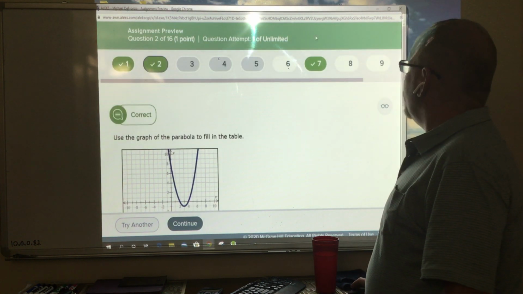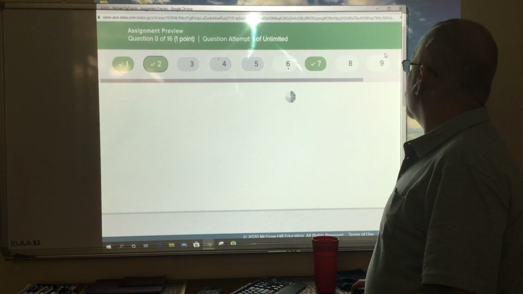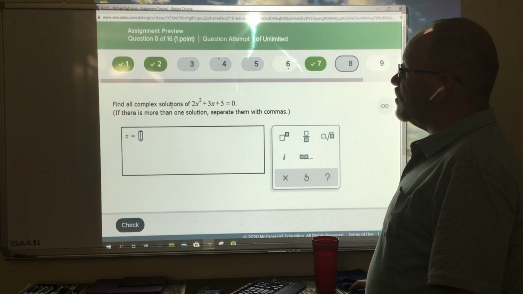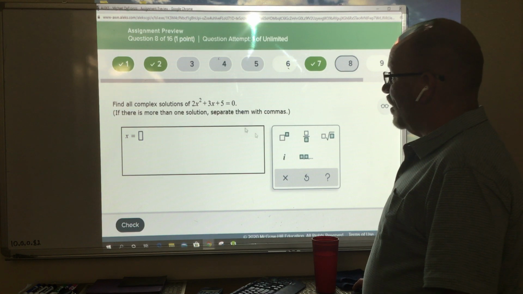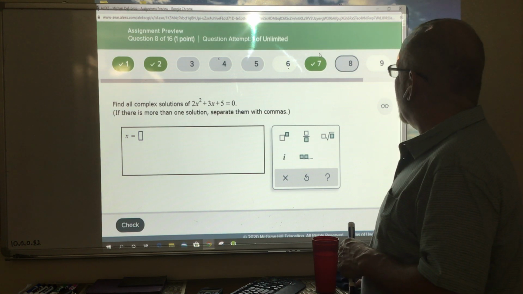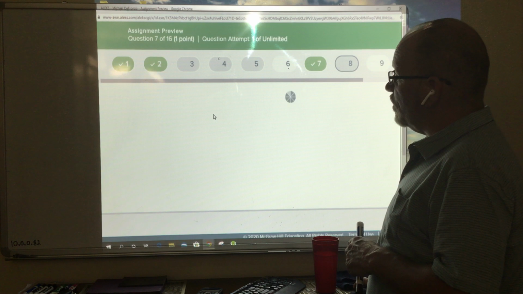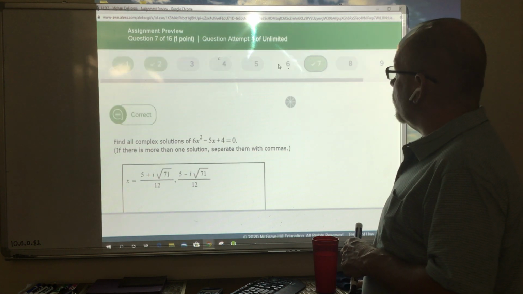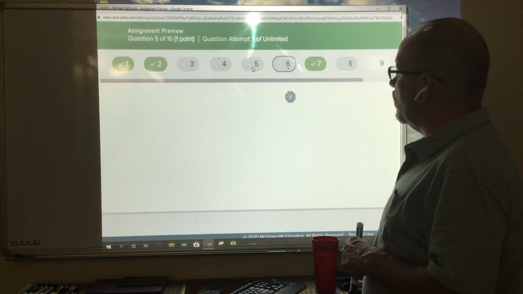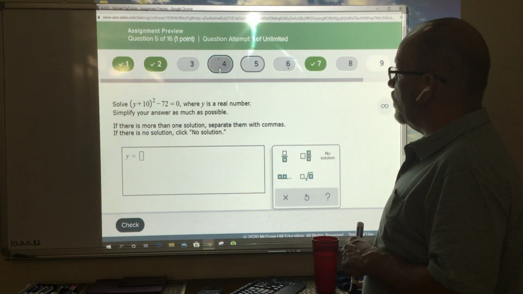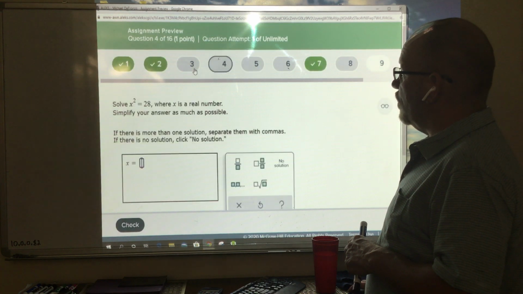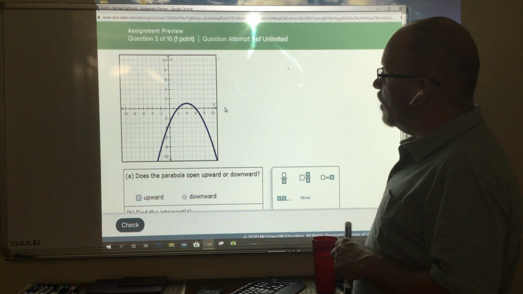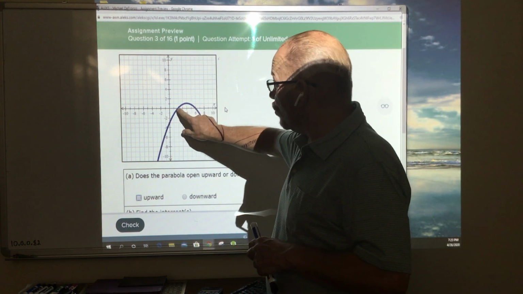Okay, so here now we get to the meat of today's lesson. Find all the complex solutions of this. Now, if I went back to this one here, these are called real roots.